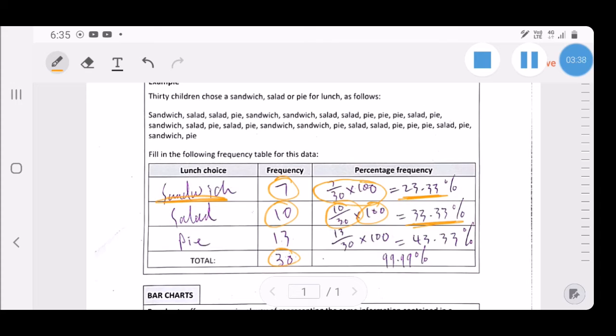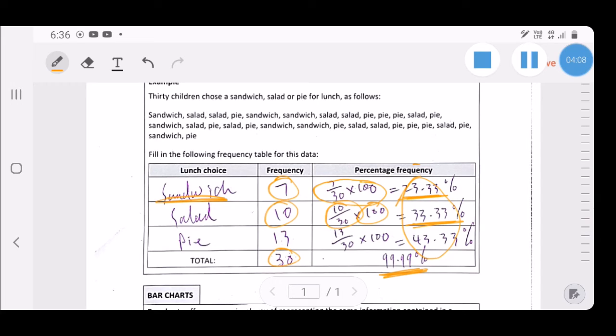Okay, and then if you've done your calculations correctly, when you add these 3 together, you should get 100%. Now I got 99.99%, but that's of course because I did a little bit of rounding off. My percentages were actually 23.3 recurring, and 33.3 recurring, and 43.3 recurring. So that's still 100% accurate.